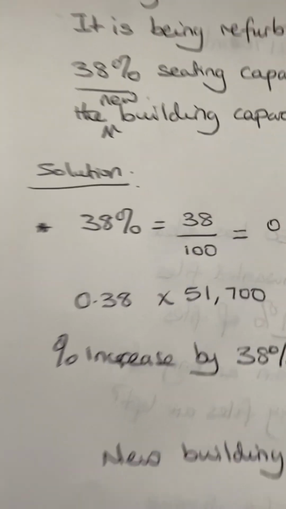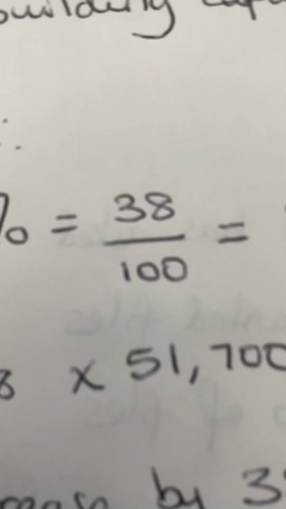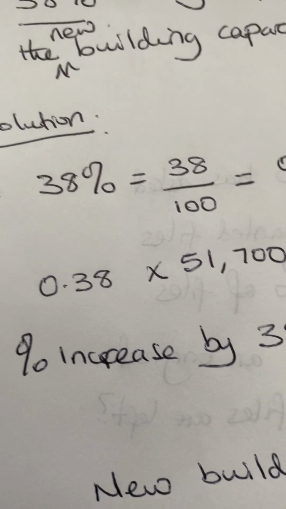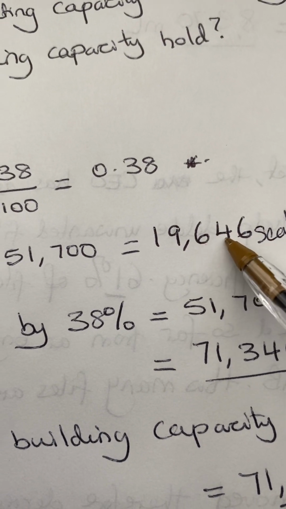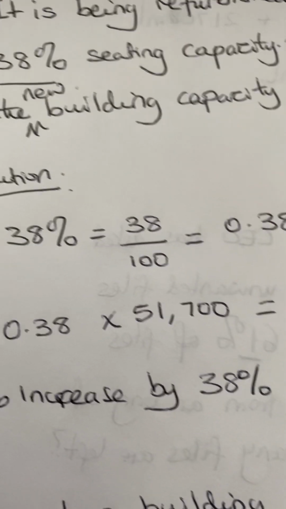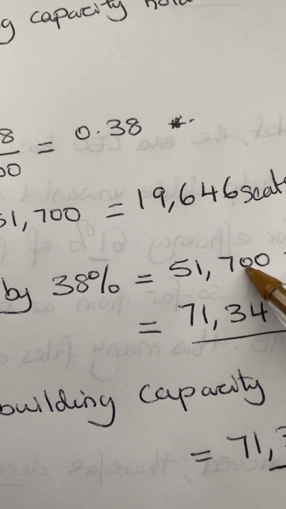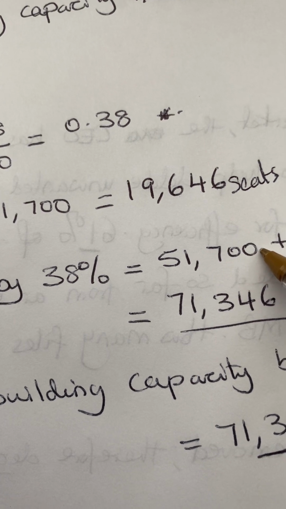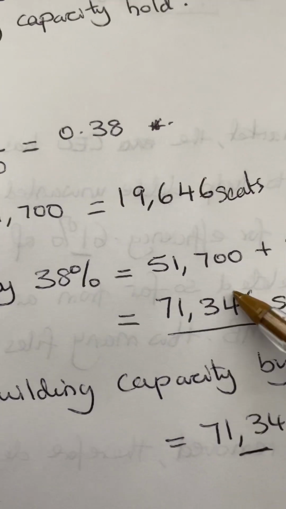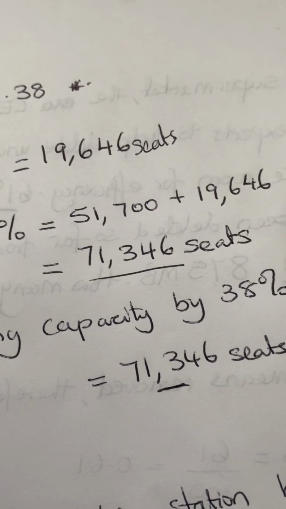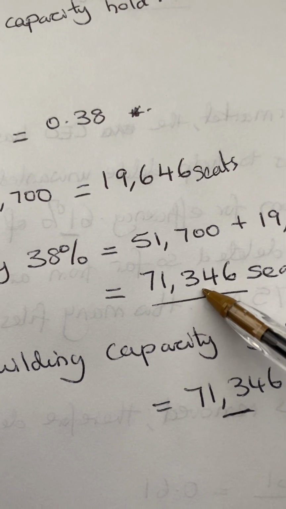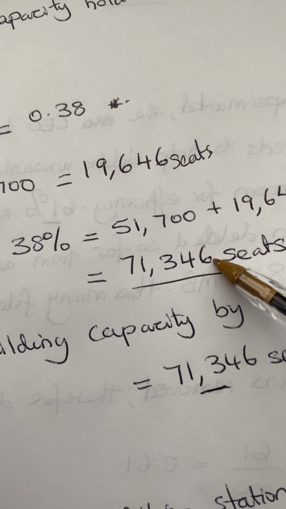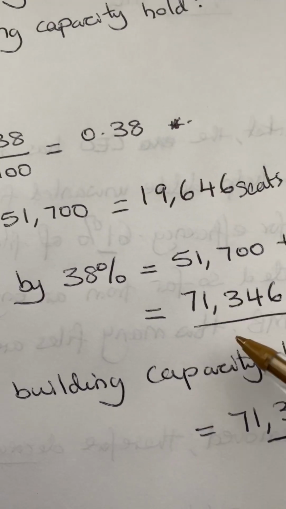Now because it's been increased, we add 19,646 to 51,700. So when you put this on the calculator, you have 71,346 seats.